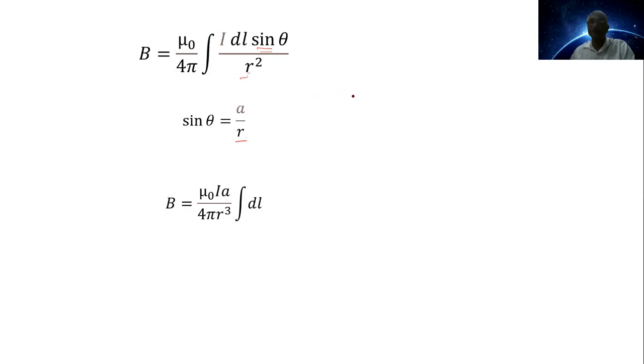Solve it here. We write B is equal to mu 0 upon 4 pi integral of I dl sine theta, where sine theta is A upon r, and this r square. And therefore this becomes r cube, r square into r is r cube, which goes out. IA in brackets, and in the integration we are left with only dl.